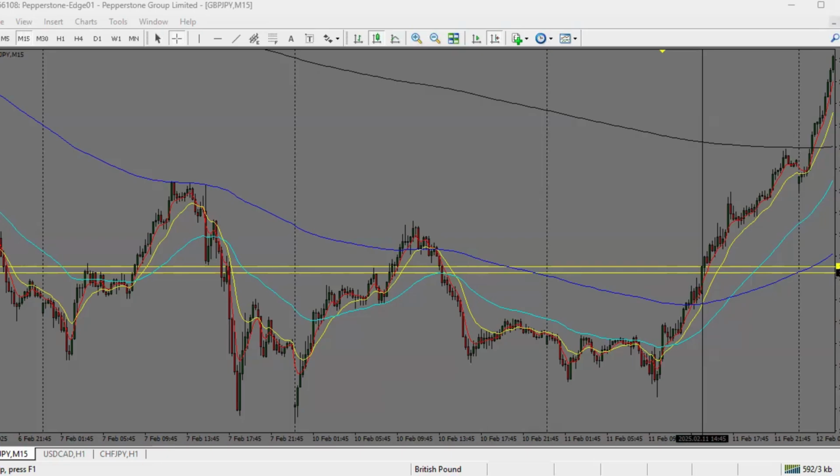The 200 EMA confirms the overall trend direction on higher time frames. Higher time frame is 1 hour, 4 hours, daily, and weekly and above. It confirms the overall trend on the higher time frames. Number 2 is that it will act as a major support and resistance for big reversals.